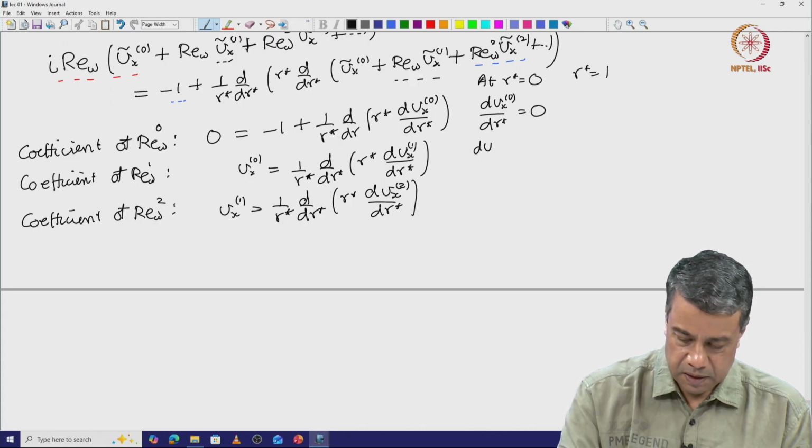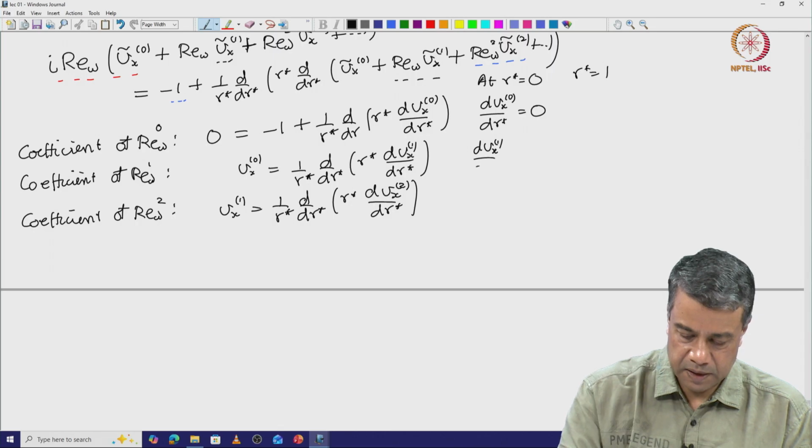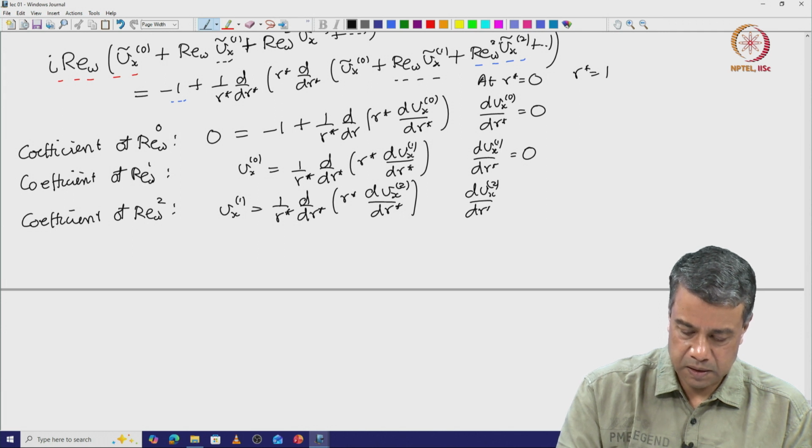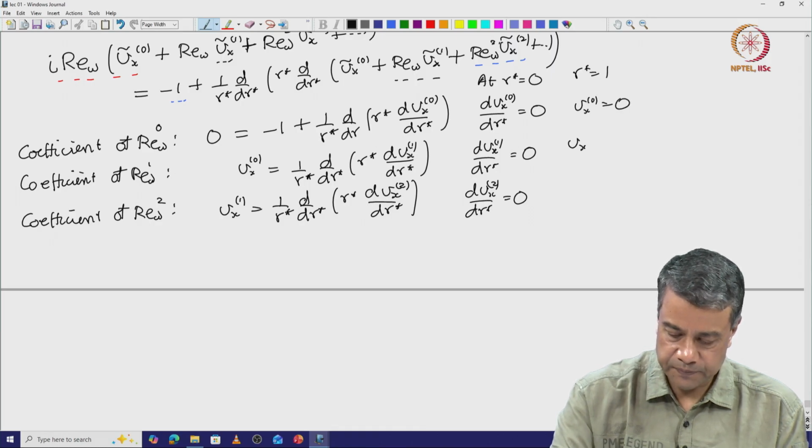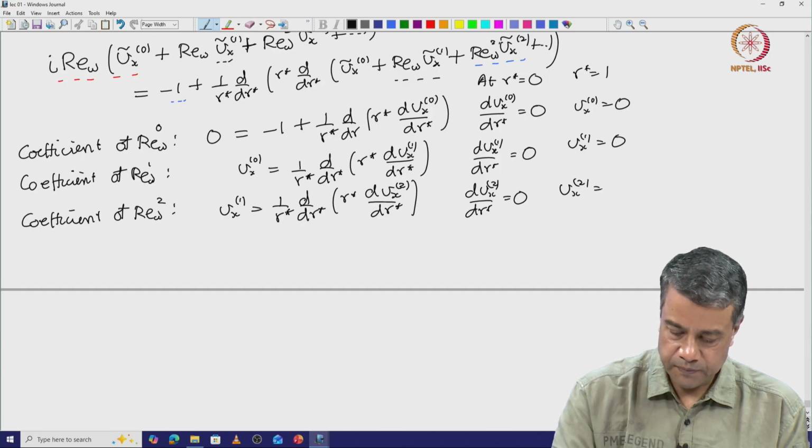First order, dVx1 by dr star is equal to 0, dVx2 by dr star equal to 0. At R star is equal to 1, Vx naught is equal to 0.